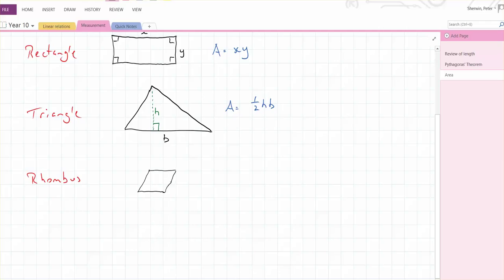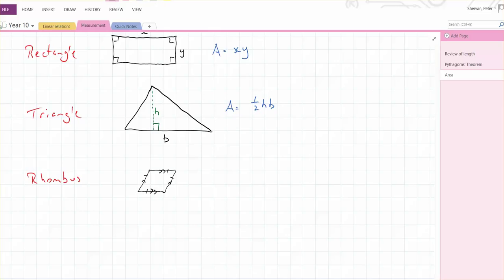So the sides are parallel, and all sides are equal. So I'm going to put in a little dash here so that you can recognise the symbols that mean all those sides are equal.